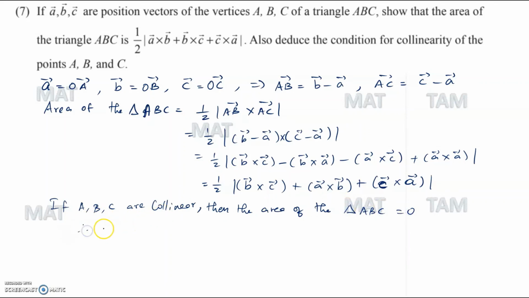Therefore, half of B vector product with C plus A vector product with B plus C vector product with A is equal to 0.